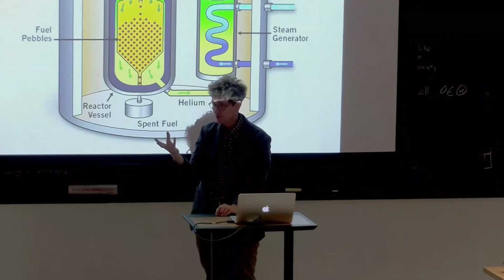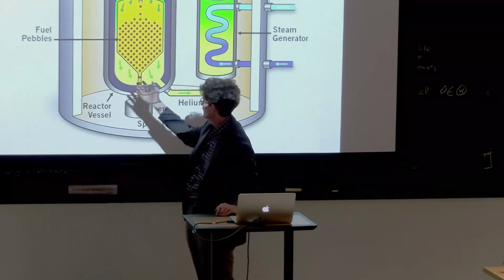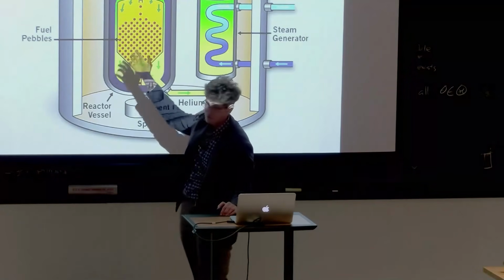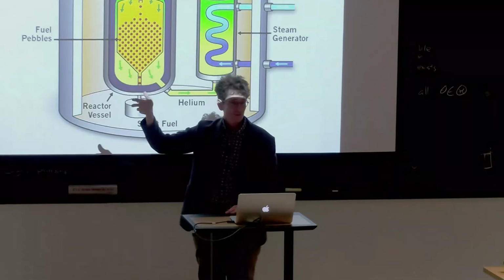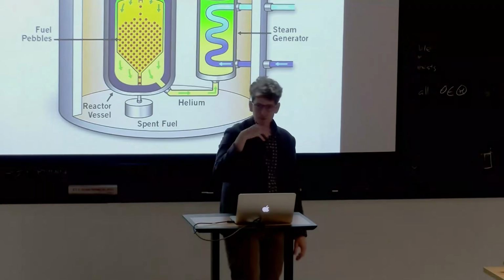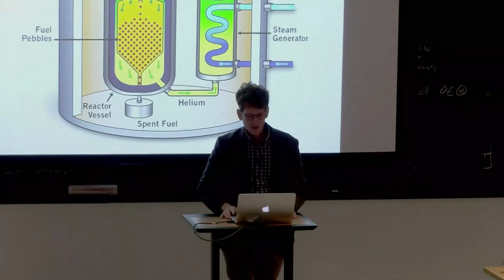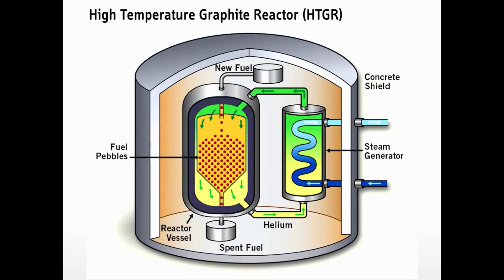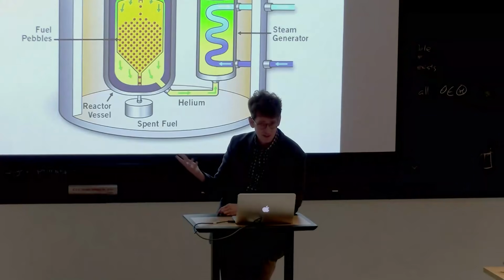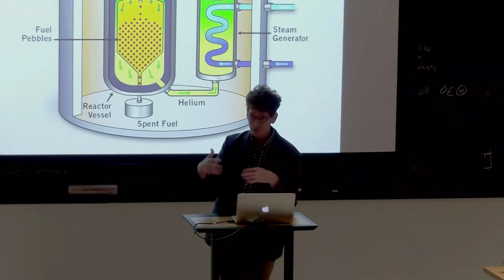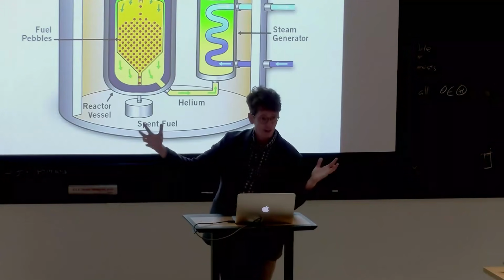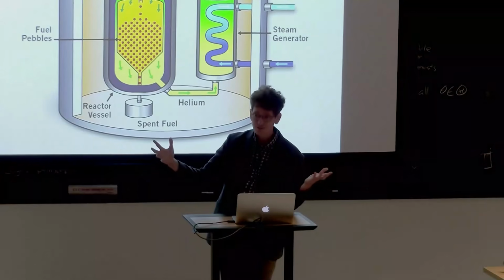The graphite is a moderator, slows things down, and instead you cool it with gas, usually an inert gas like helium that doesn't chemically react. And that is nice because it's already in gas form, so it won't undergo a phase change. If it gets too hot, it stays as gas. So water, when it gets too hot, it boils, and the volume expands dramatically and explodes things.